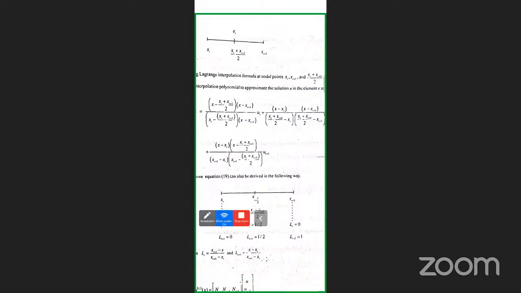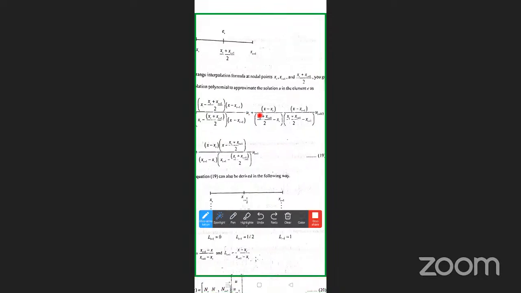Next, the second term. We leave out the second term, so we take the first and last terms. That is x minus xi, the first term, into x minus xi plus 1, the second term. In the numerator, we substitute the term that is leaving, so this term.